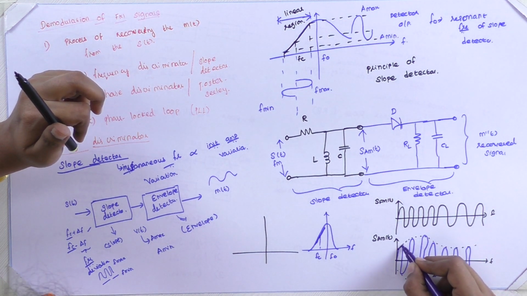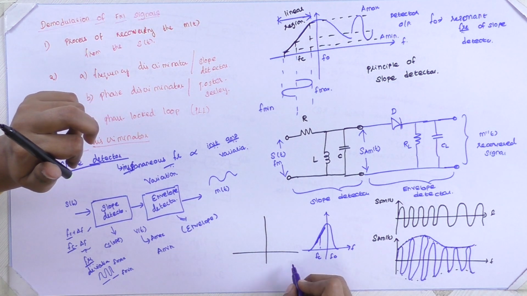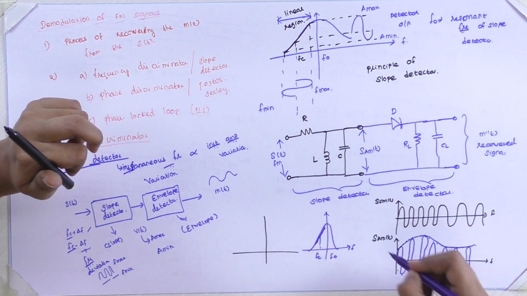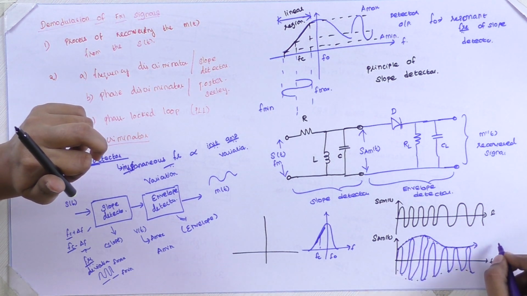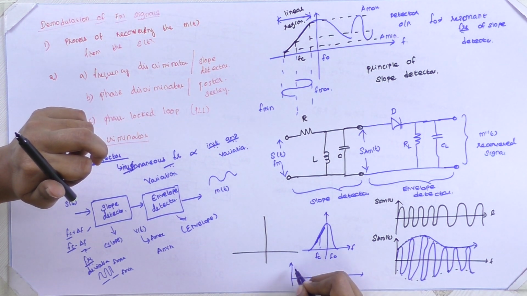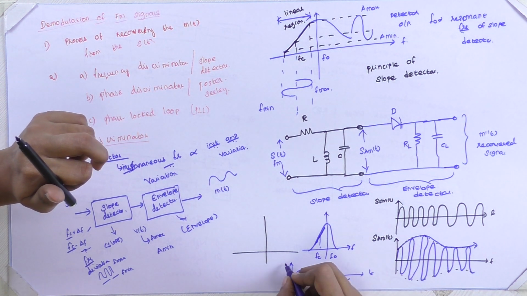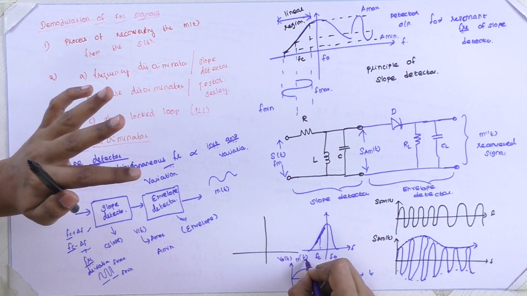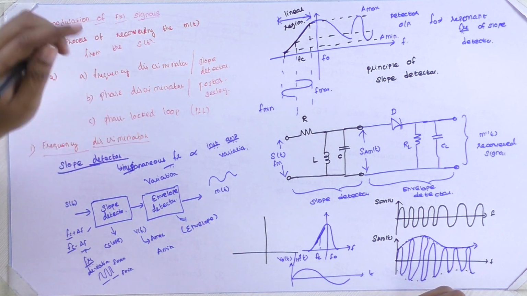It will detect only this envelope. So what is going to be our output here? This is SFM of T, the output SAM of T, and the envelope alone is going to be the output of the envelope detector. This is our V0 of T, or we can refer to it as M dash of T. This is our recovered signal.